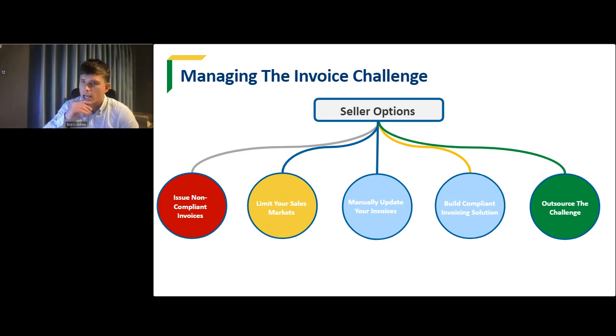Then we generally have customer interactions or interaction with prospects when it creates an issue. So not only does issuing non-compliant invoices put you at risk of non-compliance and facing penalties from the various tax authorities, but we've seen it also affect the customer user experience.